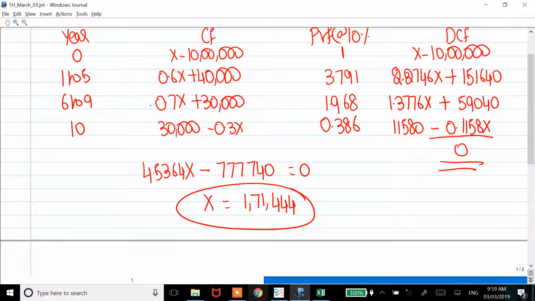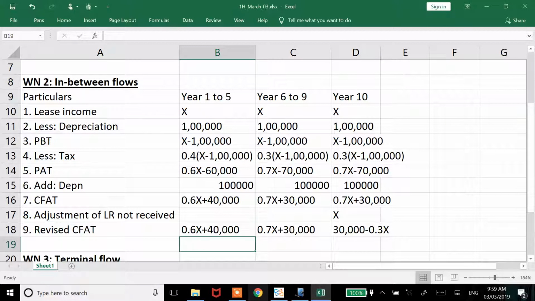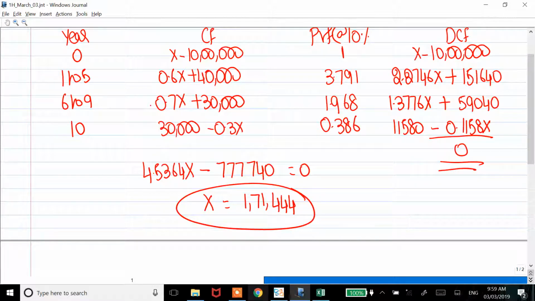Complete this, I'll tell you we could have done this in an easier way, as this is somewhat complicated. You will get it as 171,444.